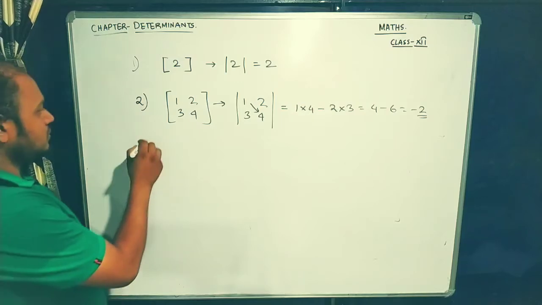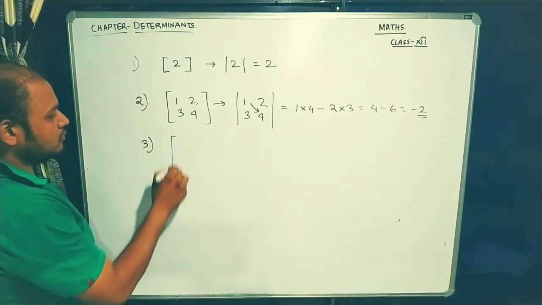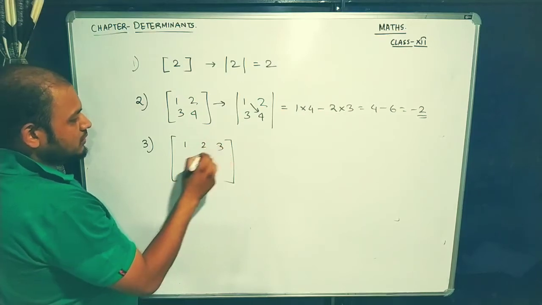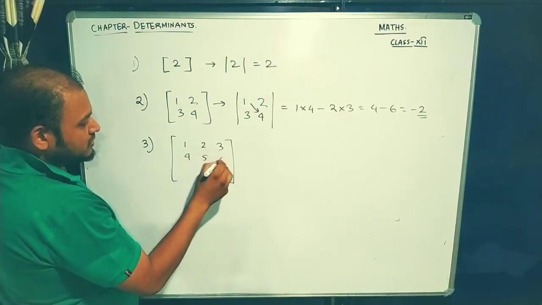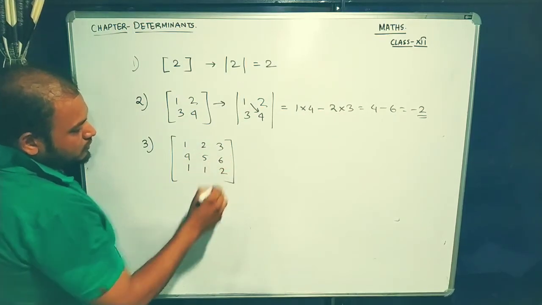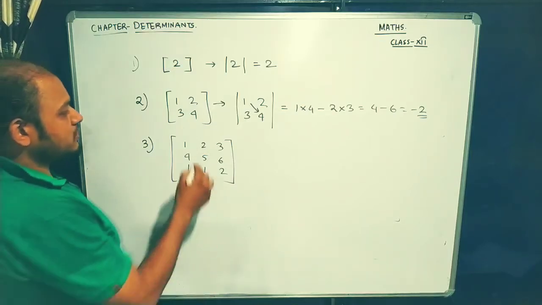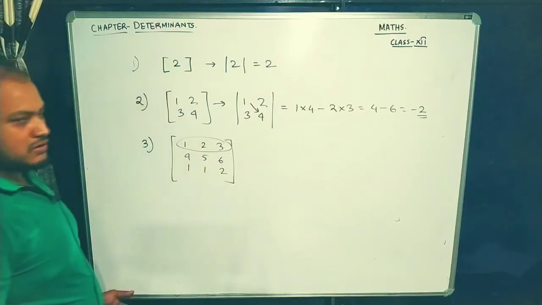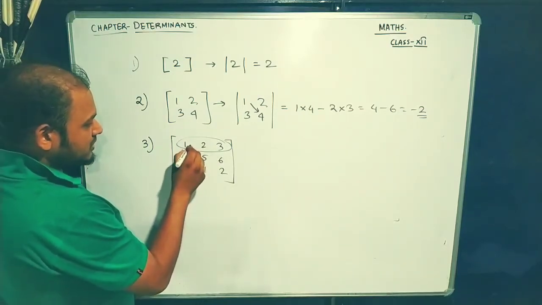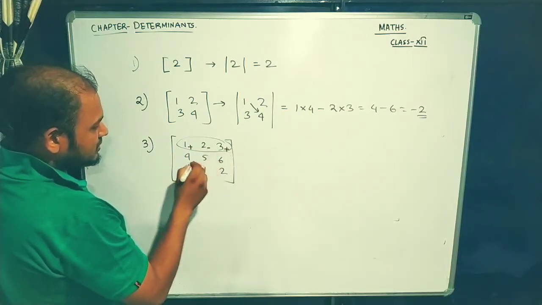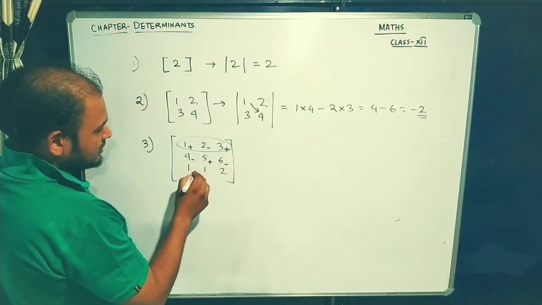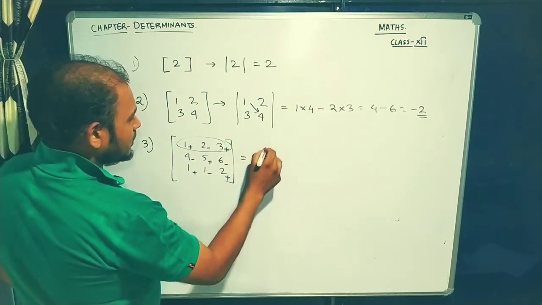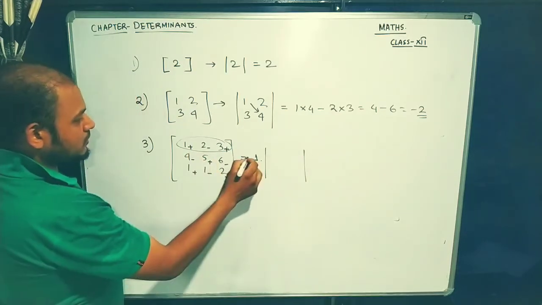In the third case, we have learned how to find determinant of matrix of order 3 by 3: 1, 2, 3, 4, 5, 6, 1, 1, 2. So how to find the determinant? You select any row or any column. In this case, if you select the first row, then also remember the sign convention: plus, minus, plus, minus, plus, minus, plus, minus, plus. Selecting the first row, it is 1, plus 1.